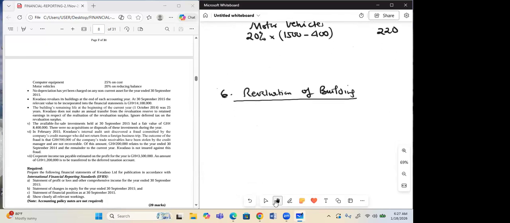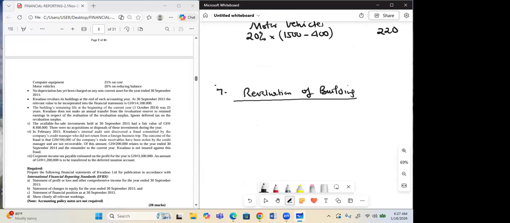So this should have been working 7, revaluation of building.